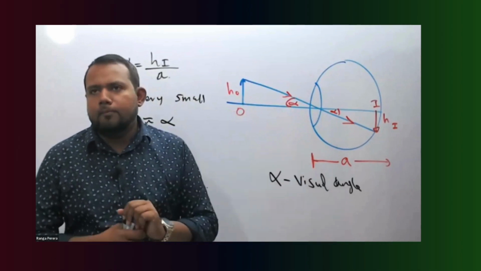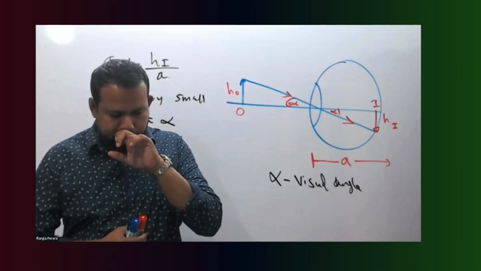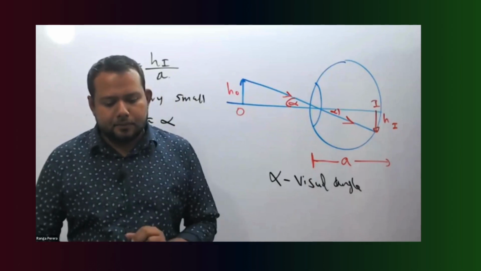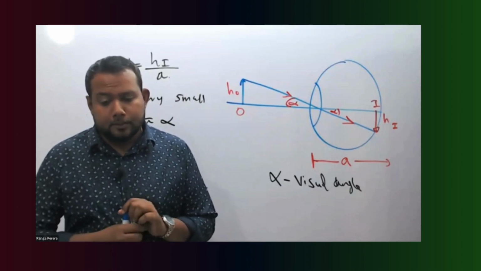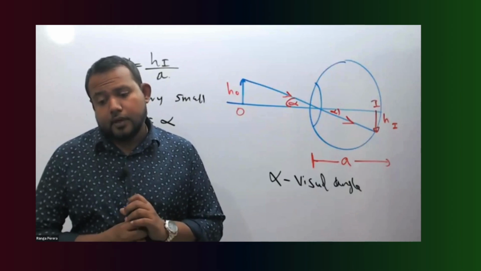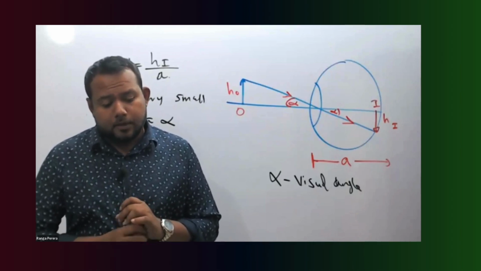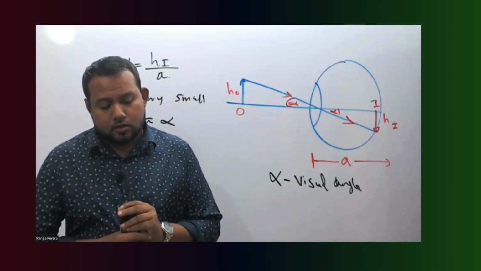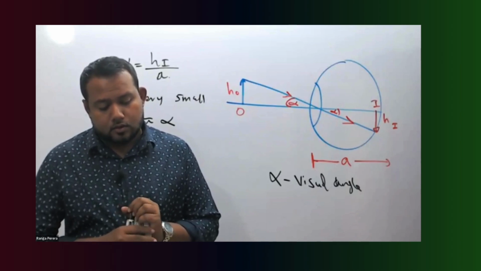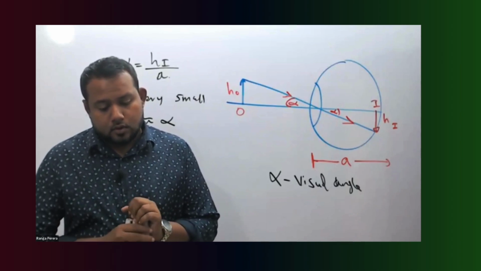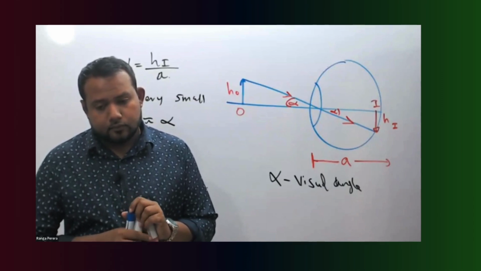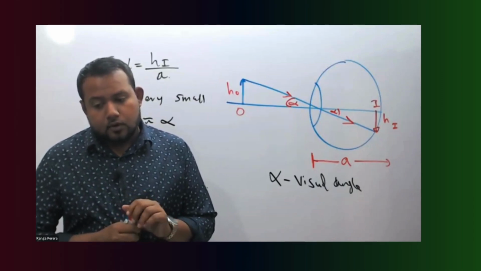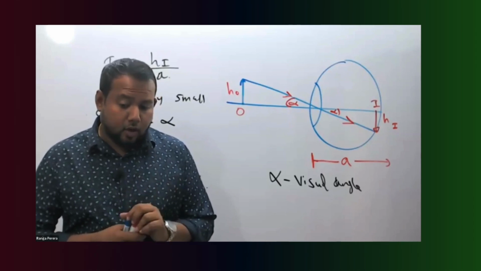The image formed by the eye lens is inverted, real, diminished, and the image distance is constant.